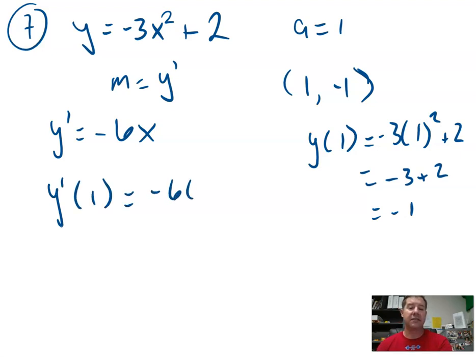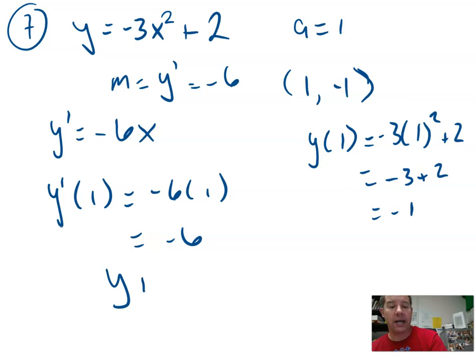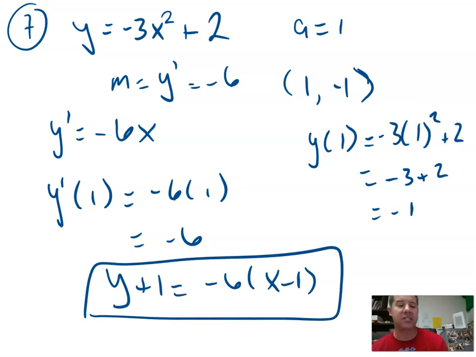This is negative 6 times 1, or negative 6. So now I have my slope, and I have my point. Once you have that, then you can write the equation of the tangent line. y plus 1 equals negative 6 times (x minus 1). And there's the equation. Again, I would stop right there unless you need to make your answer match the back of the book. Maybe I got to put it in slope-intercept form or something.